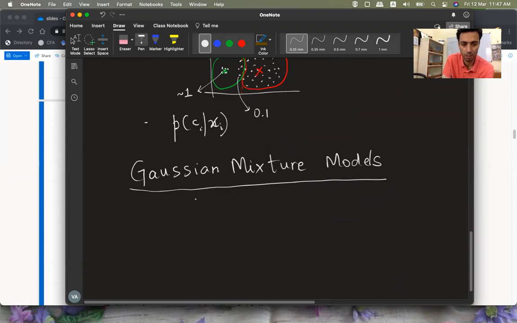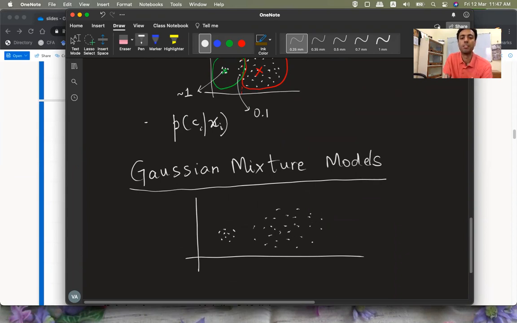So Gaussian mixture model, let's say you have, even if you have imbalanced data like this, it will say, okay, let us model it with this Gaussian.